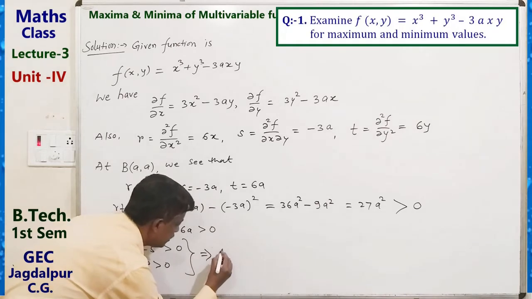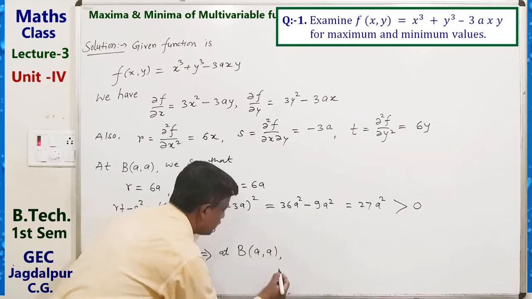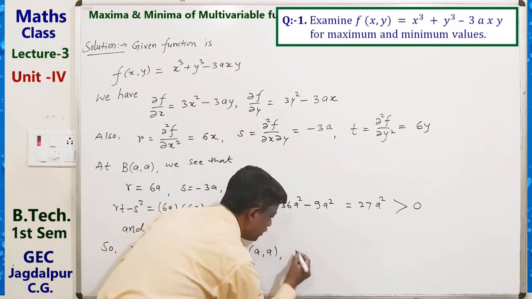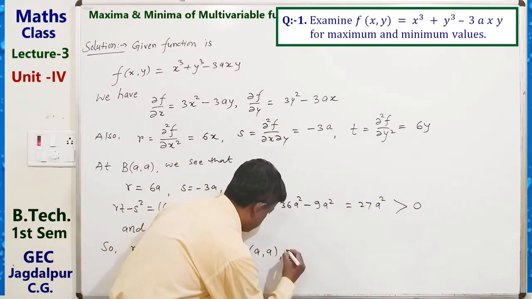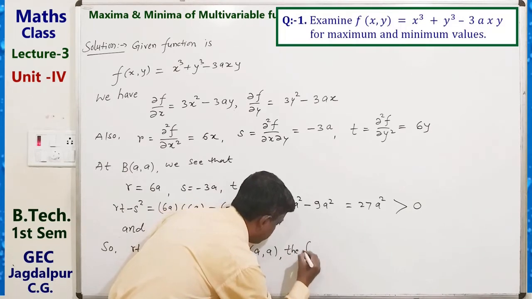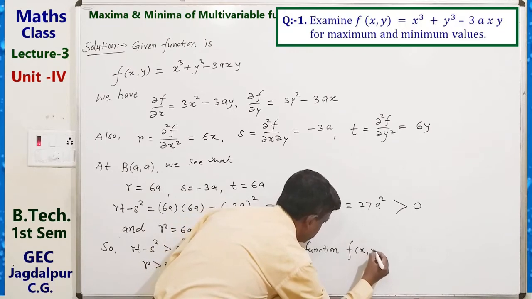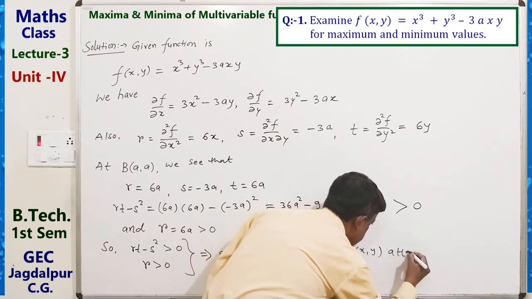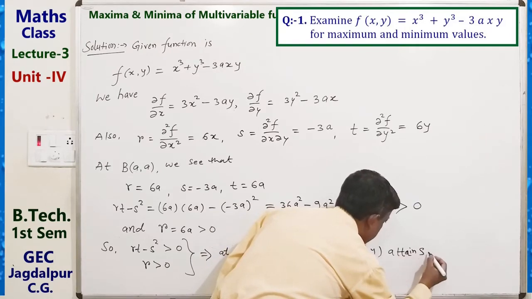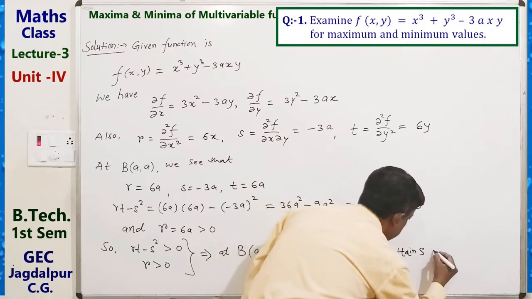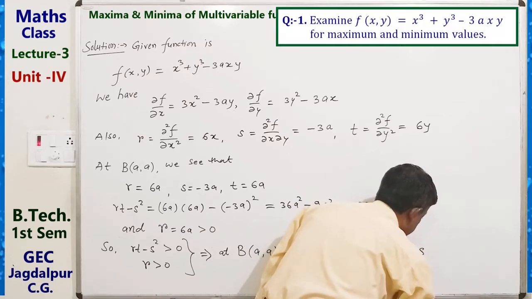This implies that at a, a the function f(x, y) attains a minimum value. Here r is greater than 0, so it is a minimum.